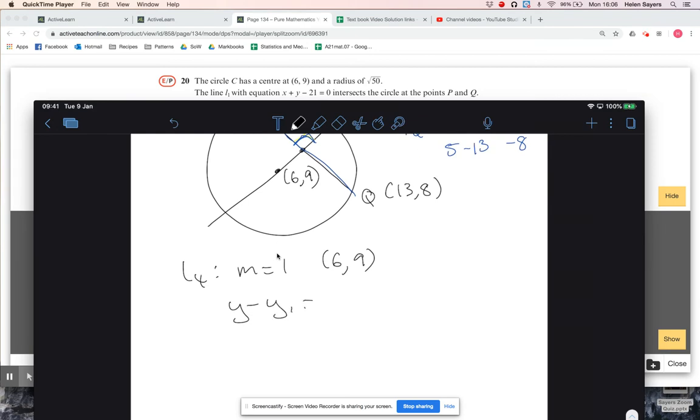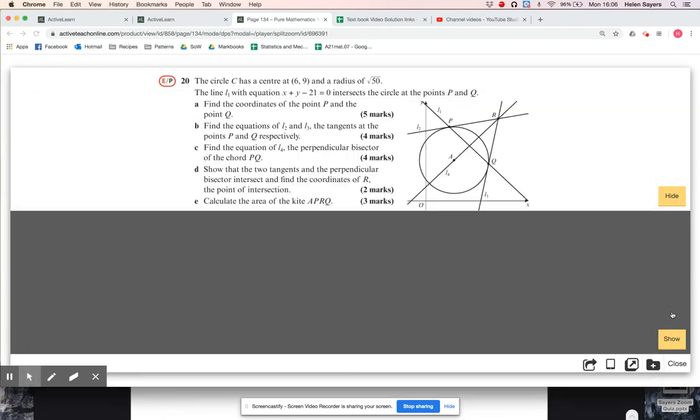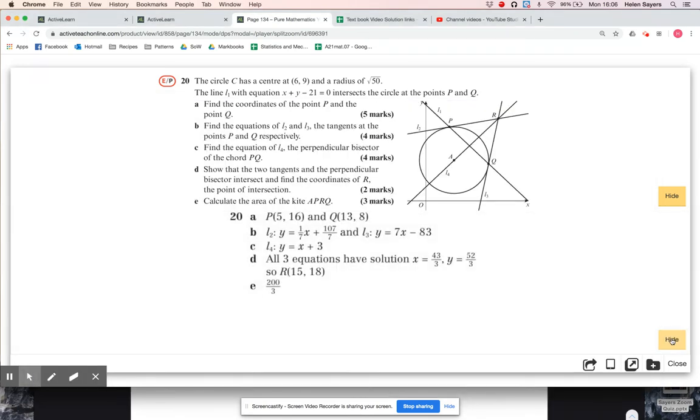So y minus y1 is m times x minus x1. So y minus 9, 1 times x minus 3. So y minus 9 is x minus 3. So let's just give that in the form y equals mx plus c. That seems to be what they've done for most of theirs. Okay, so y equals x plus 6.